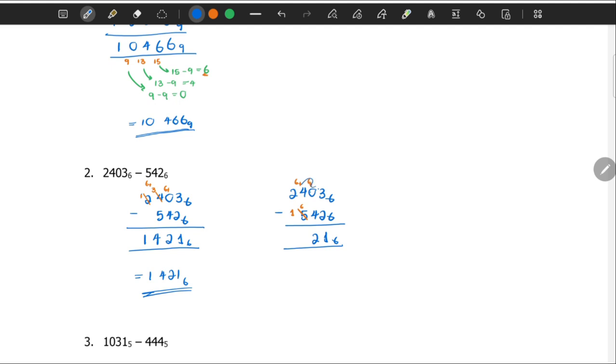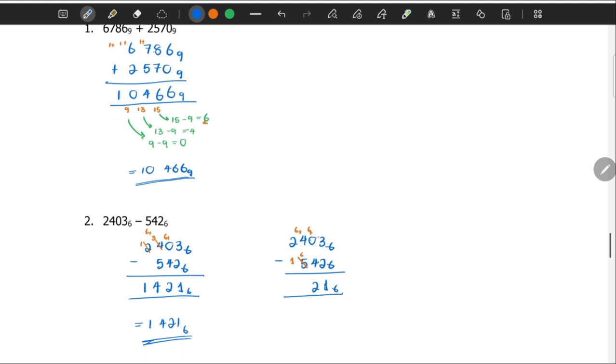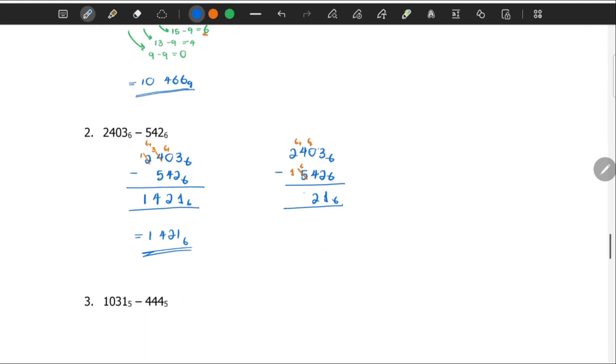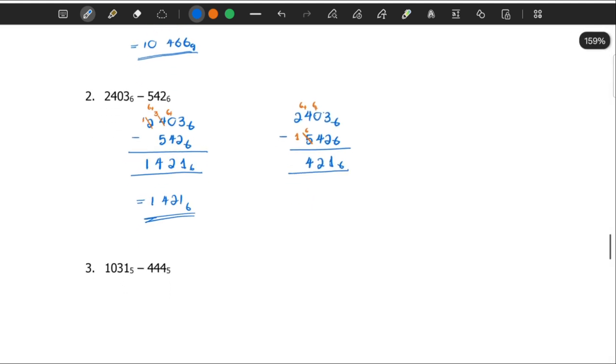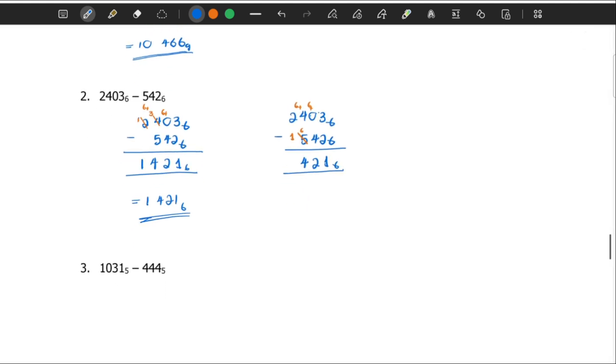And then it becomes 10 minus 6, because 6 plus 4 is 10, minus 6, that's going to be 4. And then 2 minus 1, that's going to be 1. Then you get the same answer.